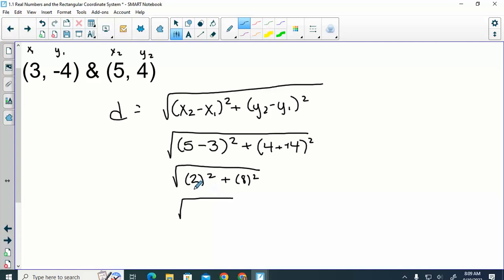So we get 4 plus 64, so the square root of 68. Then we are trying to reduce that if at all possible.